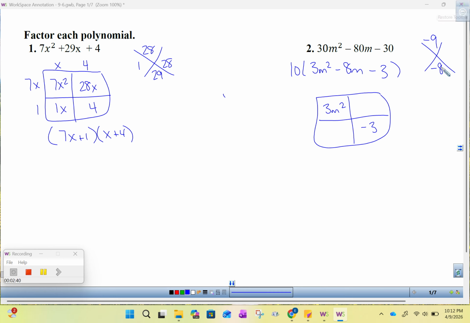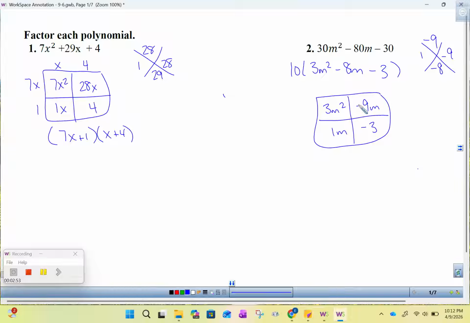In this case, we want to get to 8, so the 1 and 9 are going to do it for us. Because this is a negative 8, I need a negative there. So this here is negative 9m, and this over here is 1m. Again, you can flip those around. It does not matter. It just means what I have on this side, you would have on the top if you did switch them.